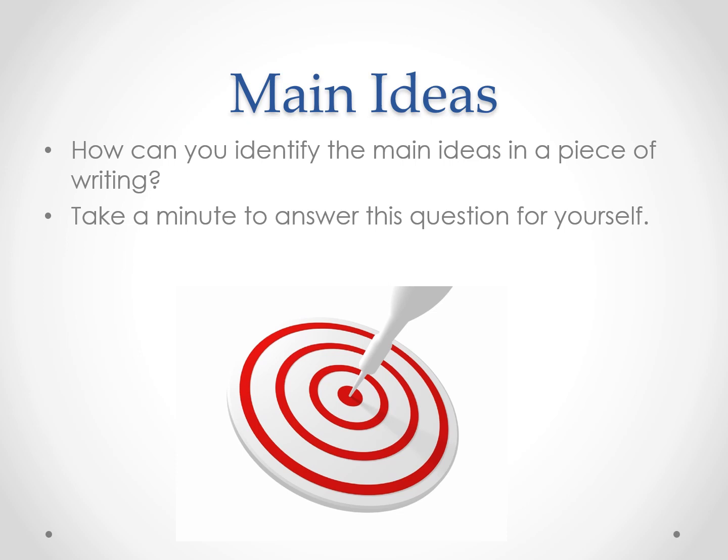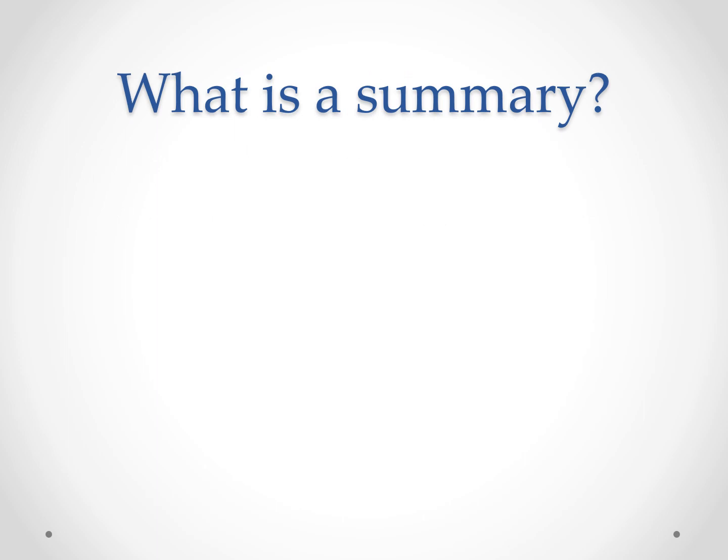If you're reading an article, how can you identify the main idea in that piece of writing? Or it probably is going to be the same things as if you're reading a paragraph. How would you identify the main idea?